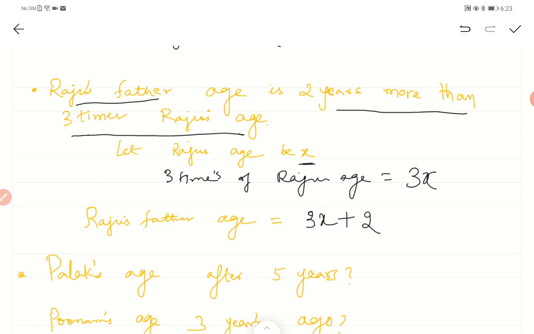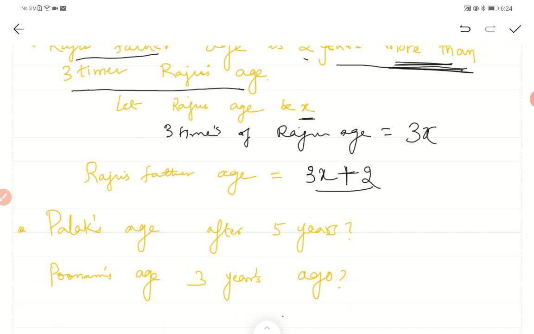More than means plus 2. Okay, this will be our expression.